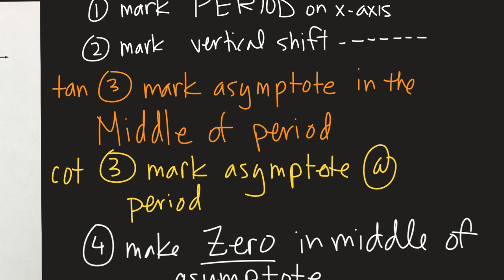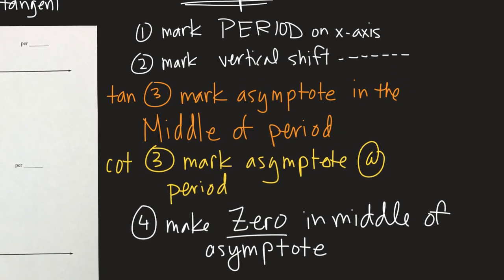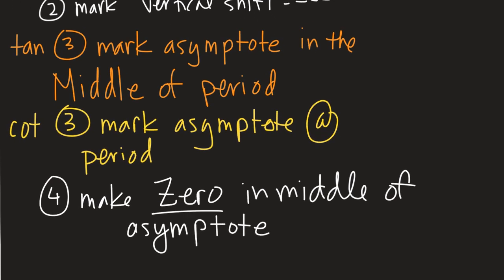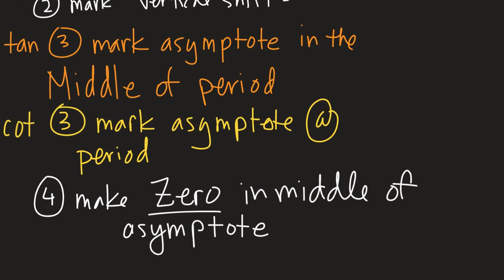Okay, and then your last step is to use your dilation. The dilation used to be called your vertical stretch or your amplitude for sine and cosine. But for these ones, it's called dilation. So we're going to mark the dilation.